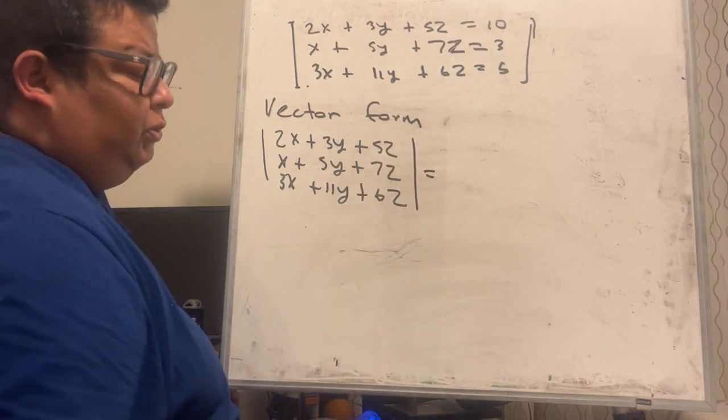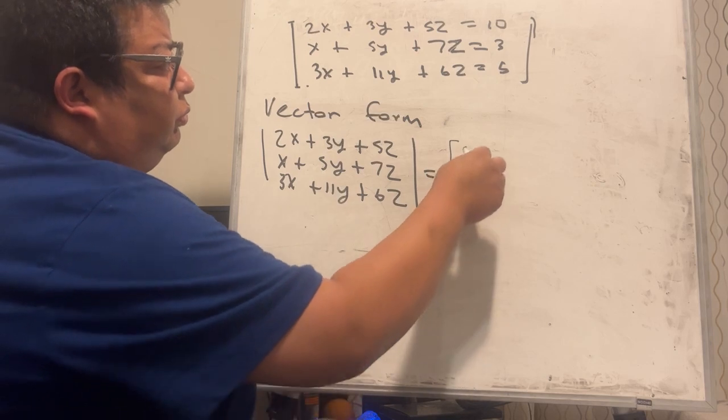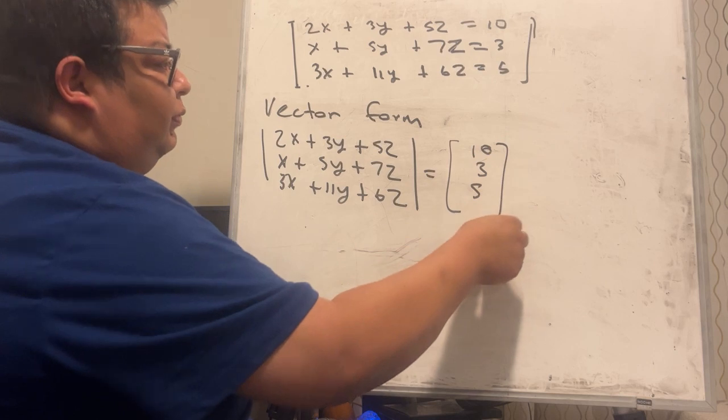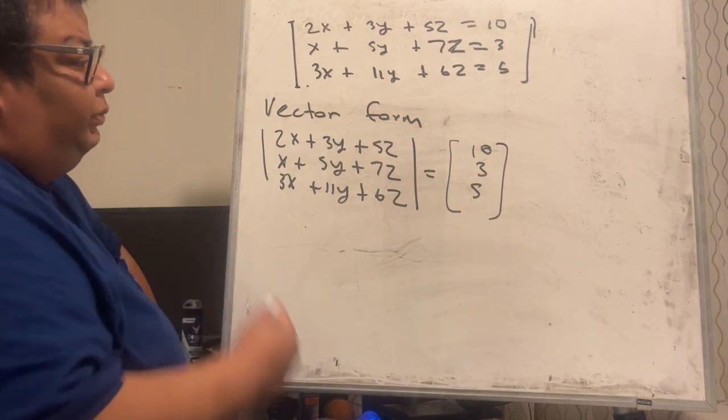And we set that equal to b, like that. So that's one way.